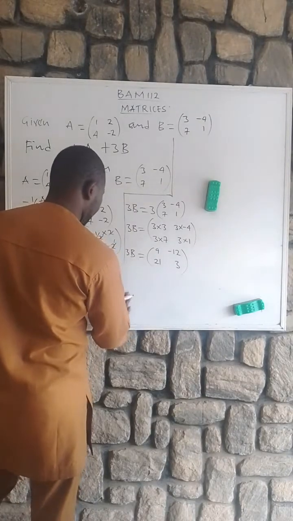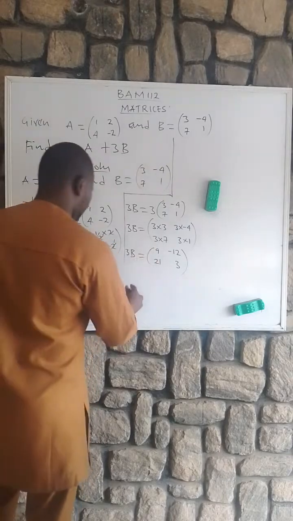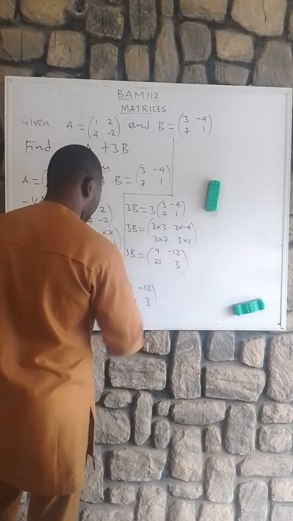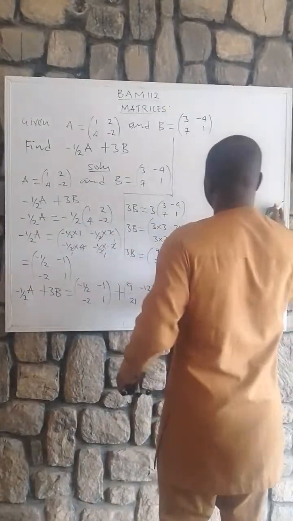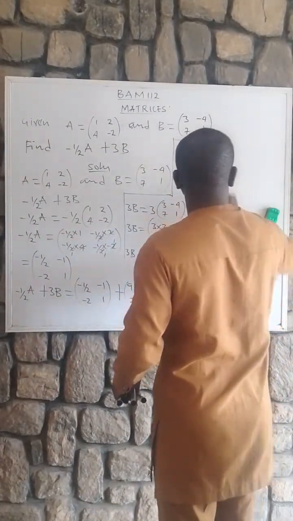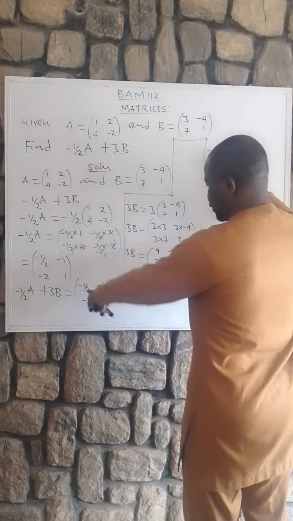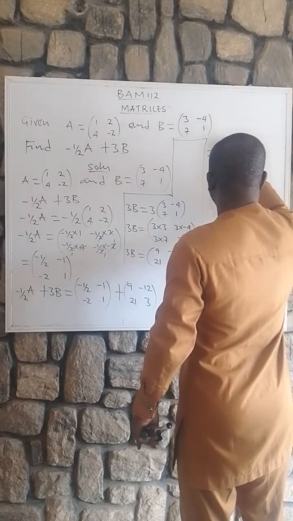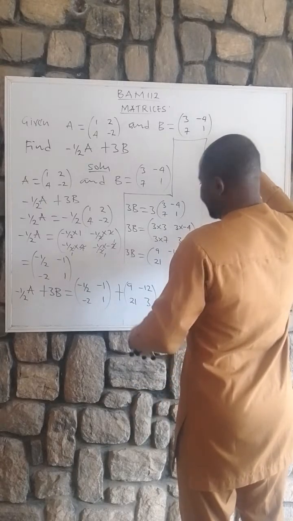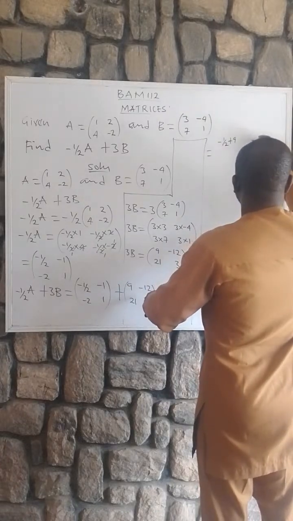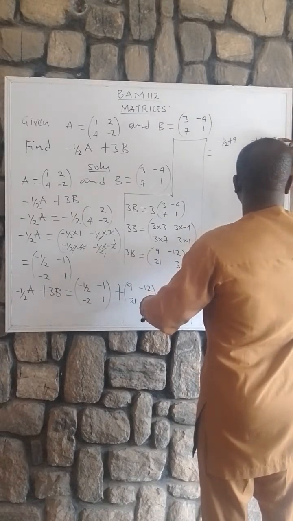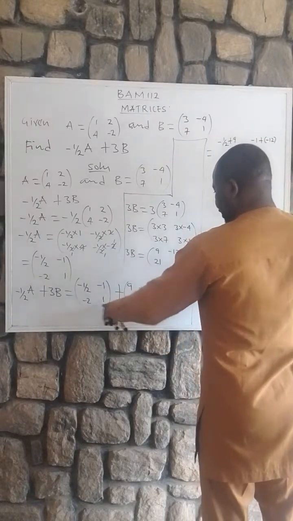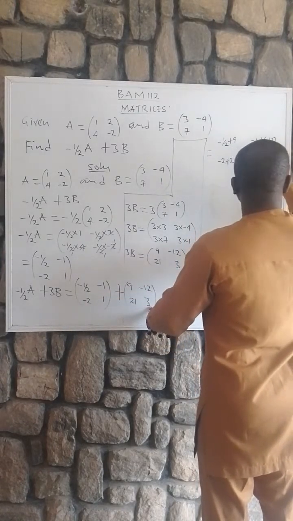So we can now add this together: add this to this, we have -1/2 plus 9; then -1 plus -12; then -2 plus 21; then 1 plus 3.